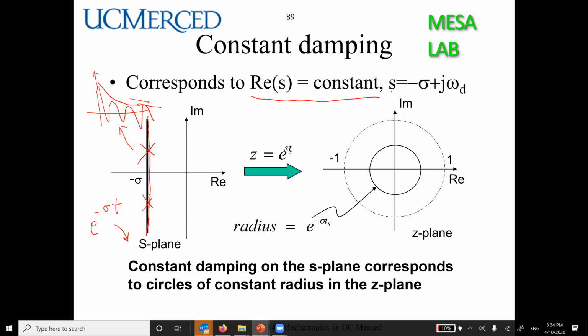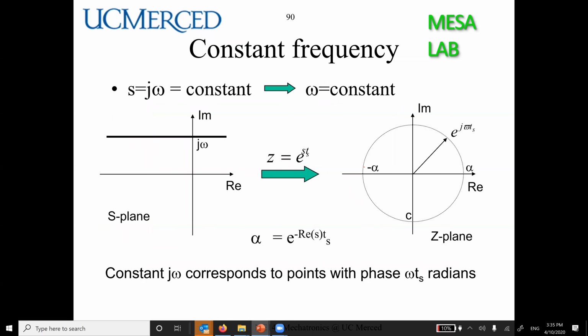But based on what we know about the S and Z relationship, this black line will correspond to this smaller circle. So this is very interesting. If you have a constant omega, but the real part is different, so this is a constant omega. I put C here.